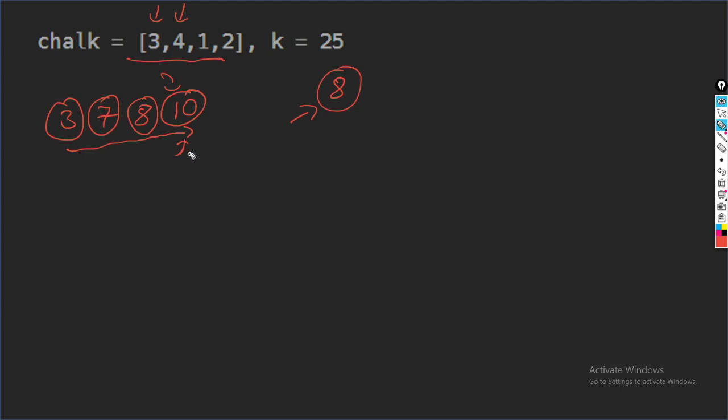We need to start with 10 chalks initially so that we can provide this student with chalks. So this won't be possible. So what we're going to do is find the sum and find the remainder. Basically, finding the remainder simulates this process: start from the beginning, go to the end, and wrap around to the first student.